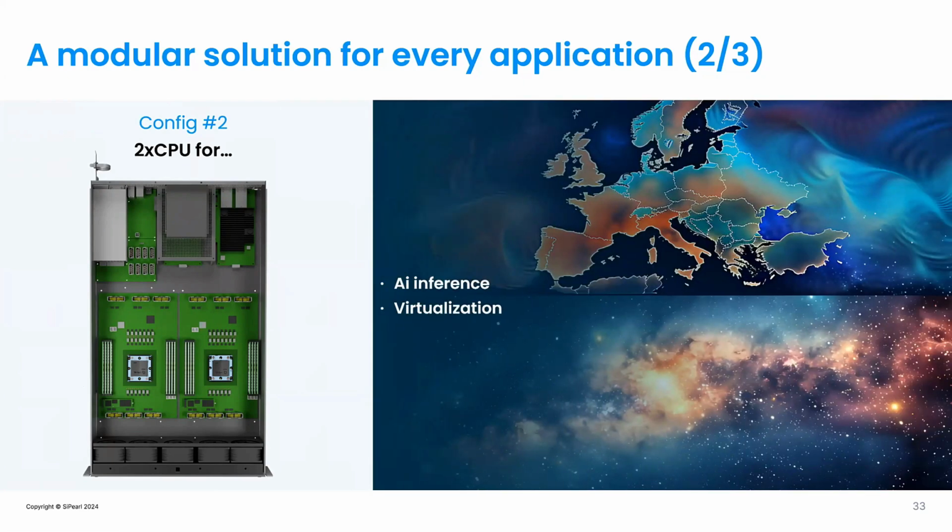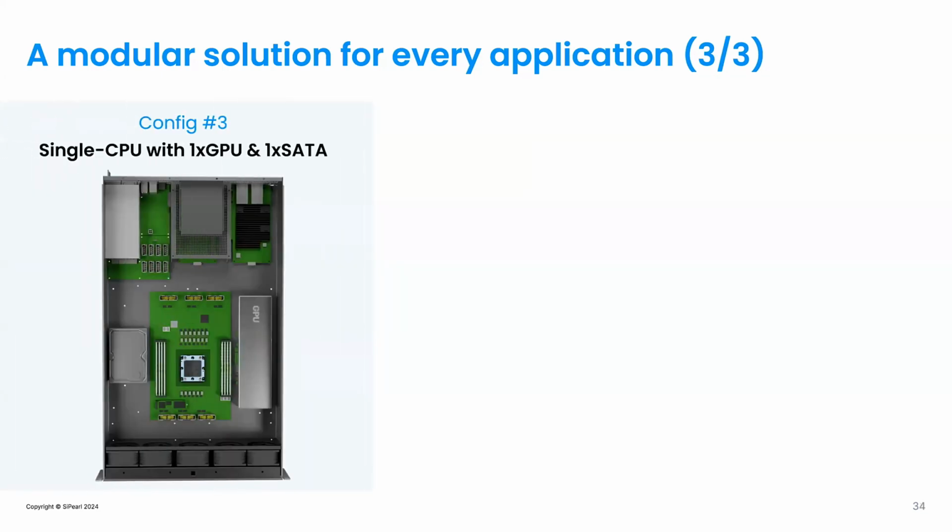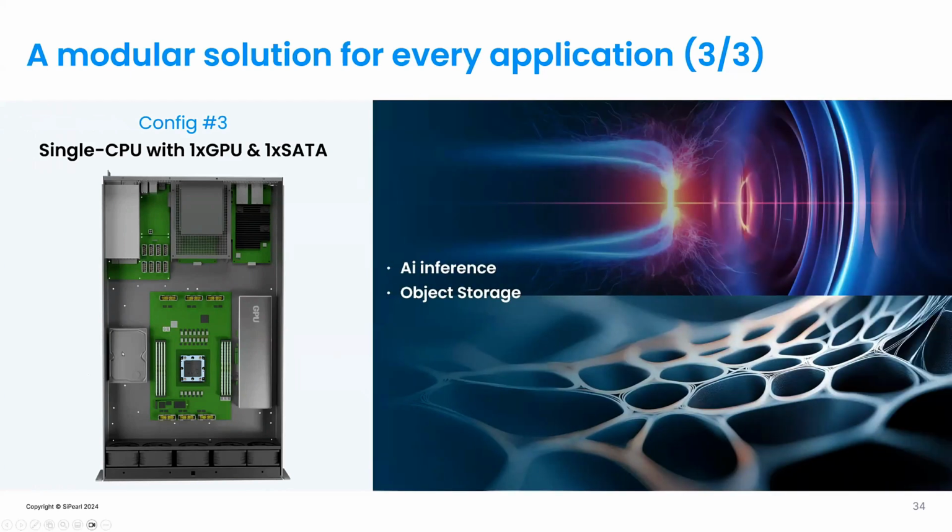Typically, it's mostly AI inference and virtualization. And we have a third configuration here with a single CPU, 1 GPU on the side, and 1 SATA, which again could typically be used for AI inference or object storage.